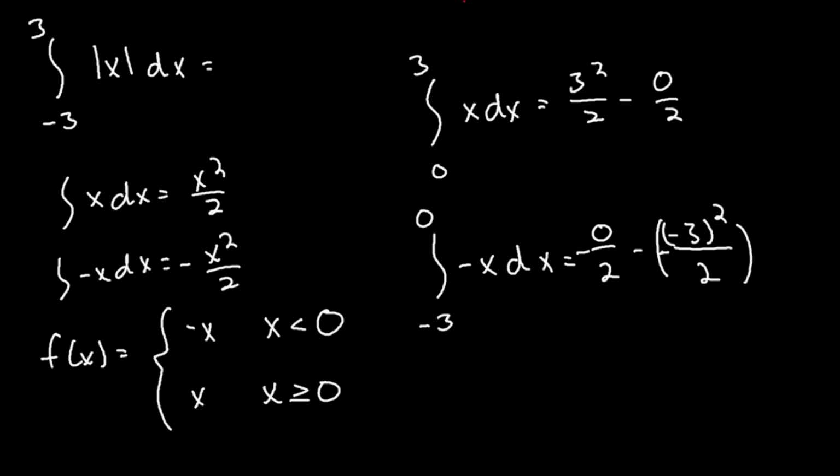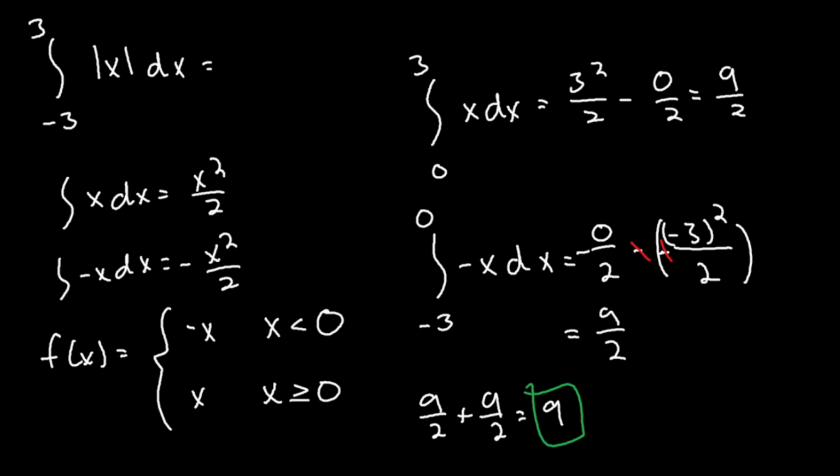What actually happens is we get a value of 9 over 2 here. And then the negatives cancel out. Negative 3 squared is just 9 over 2. So 9 over 2 plus 9 over 2 is equal to 9. Booyah.